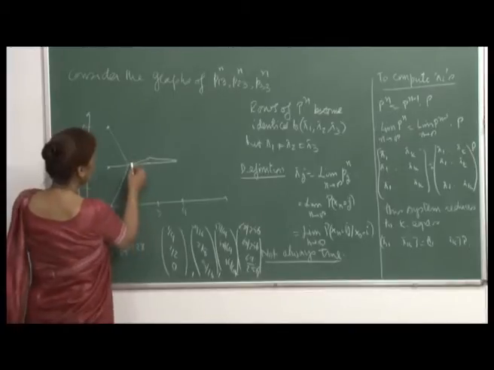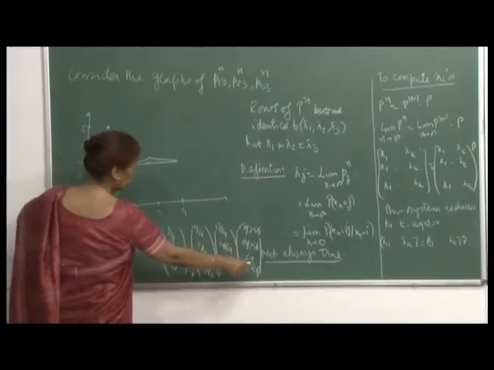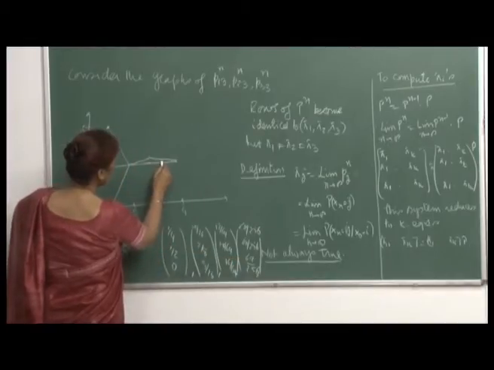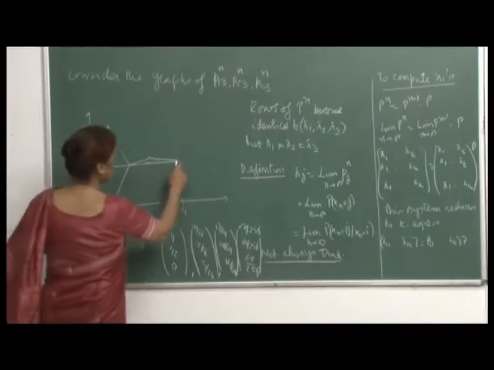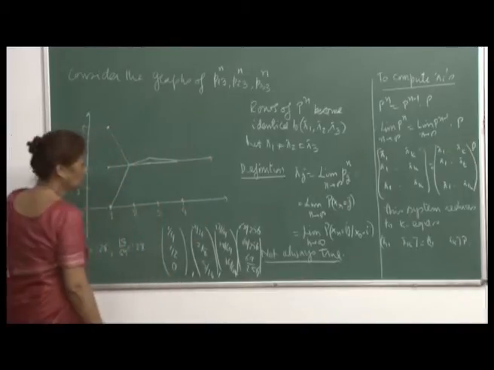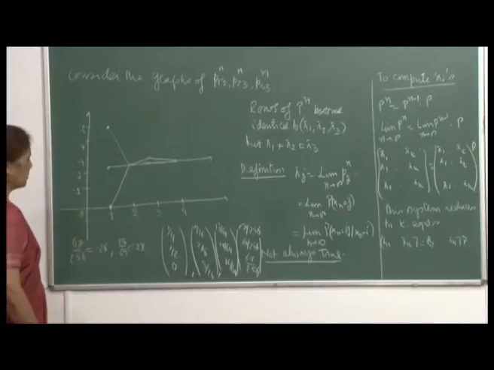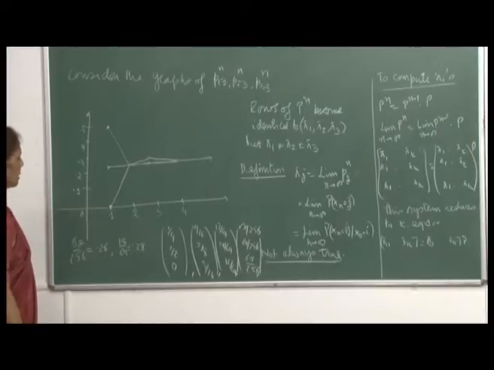I have tried to just parallel it with this one here, and then it will be 69 by 256. So, the line is slightly above this. Therefore, you can see that as you take higher powers, all three will settle down to this number, which we have to compute, and we will do it when we find out the steady state probabilities.